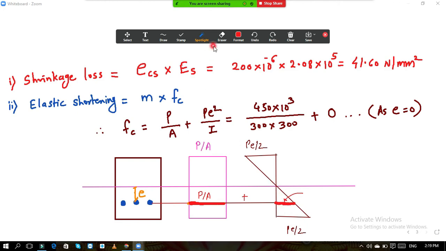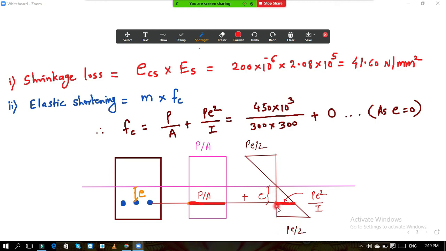This value works out to be Pe square by I, as Z is equal to I by y. And this distance is nothing but your eccentricity. So for this much of distance, it is Pe by Z.